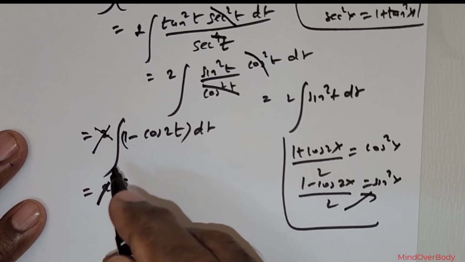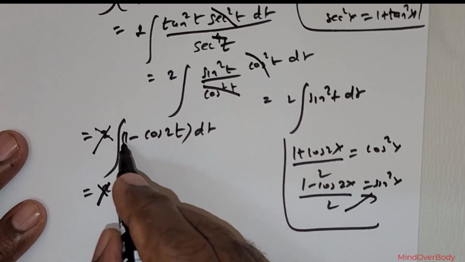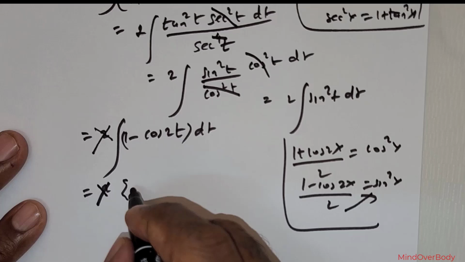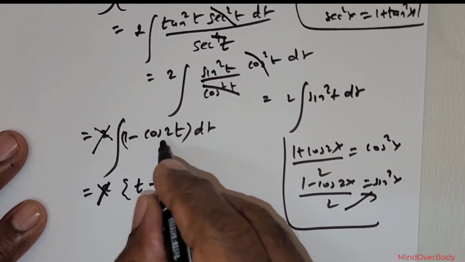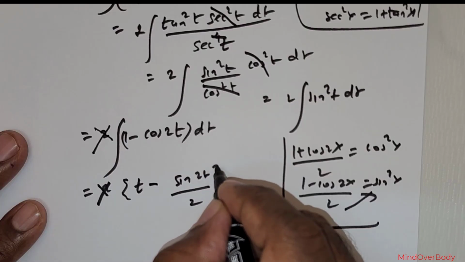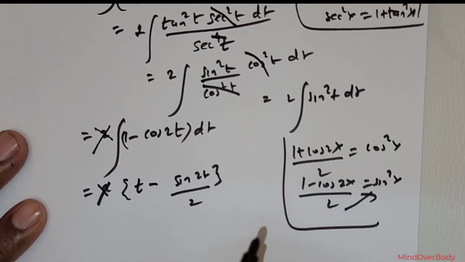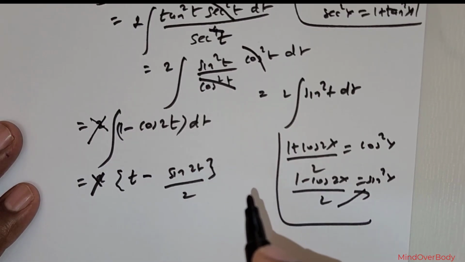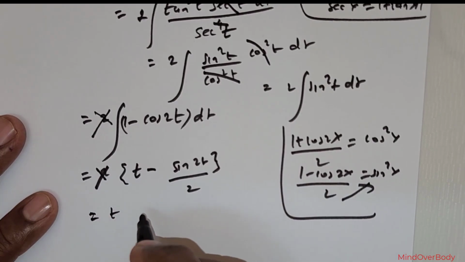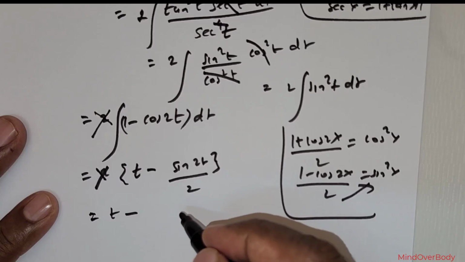So integrating 1 times dt would give me a t there. Integrating cos 2t would give me sin 2t divided by 2. Now you will have to do some adjustments because you have a sin 2t here. Now what I'm going to do is I'm going to rewrite this as t minus sin 2t divided by 2.